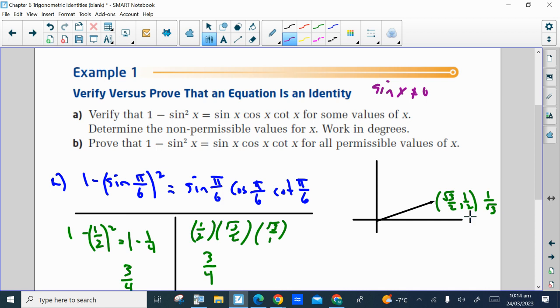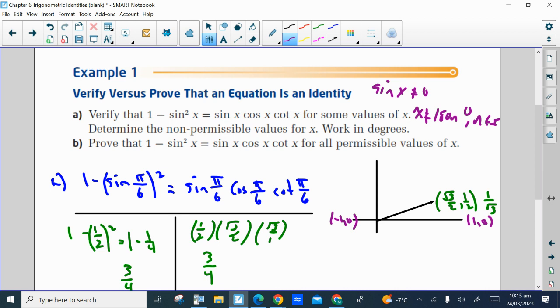And the sine of x equals 0 at 0 degrees and at 180 degrees, and every multiple of 180 degrees after that. So x cannot equal 180n degrees, where n is an element of the integers.